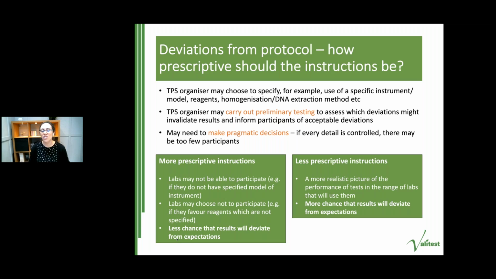Some labs might choose to not participate because you might be specifying a reagent which they know they don't want to use in their routine testing. But there is less chance that the results will deviate from expectations. So there's pros and cons. If you issue less prescriptive instructions, then you'll get a more realistic picture of how the test performs across a range of labs, but there's more chance that the results will deviate.